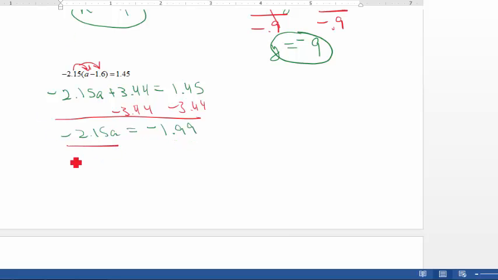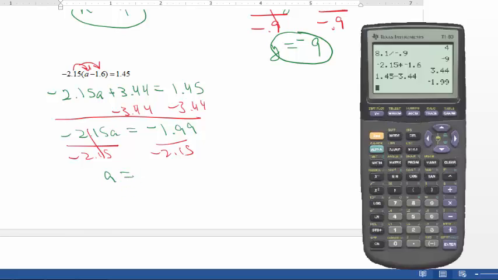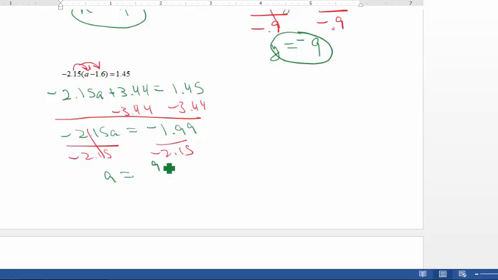And then when we divide this by negative 2.15, we would just have that a equals, we're going to divide this answer by negative 2.15. So we'd have, ooh, that crazy decimal, which I can turn into a fraction, maybe, 199 over 215. That's your answer.